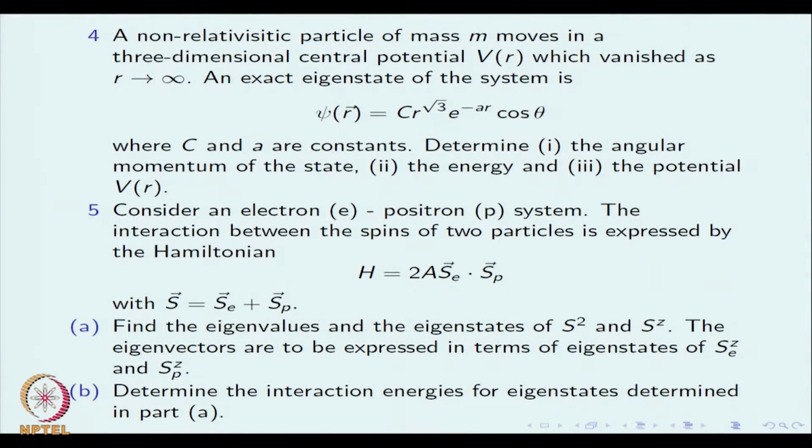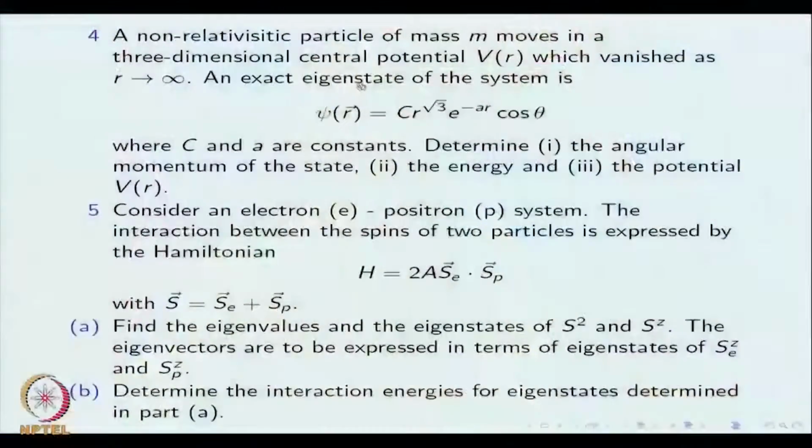So, consider an electron and a positron system, and the interaction between the spins of the two is expressed by a Hamiltonian proportional to the spin of electron and spin of positron coupled. SE is the spin of electron, SP is the spin of positron, and when you consider the coupled state, the total spin is added as SE plus SP. In this problem you are asked three parts.